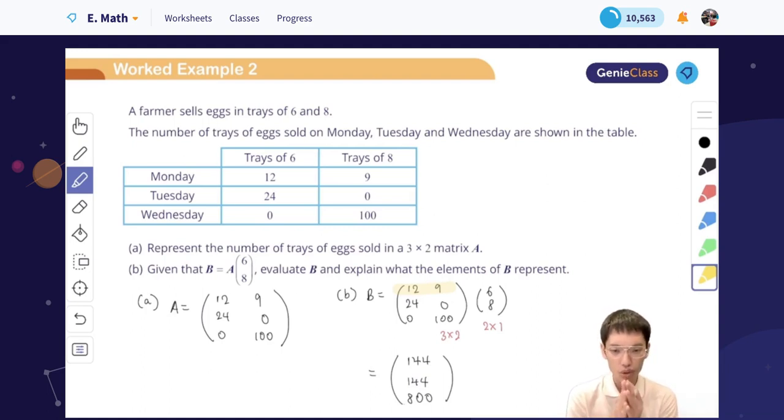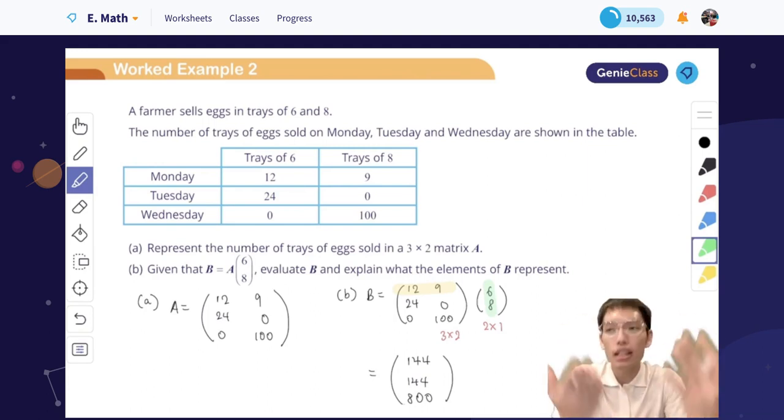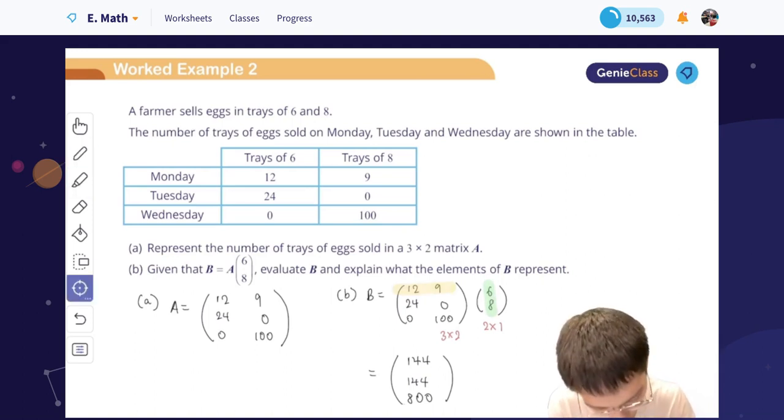And for Jude to follow up, it's not the total number of trays. Take note, there's a reason why we multiply by 6 and 8. Because 12 and 9, if you take note, is the number of that particular tray. So what do I mean? 12 over here is 12 trays of 6. I have sold 12 trays of 6. 12 times 6, what does that give me?